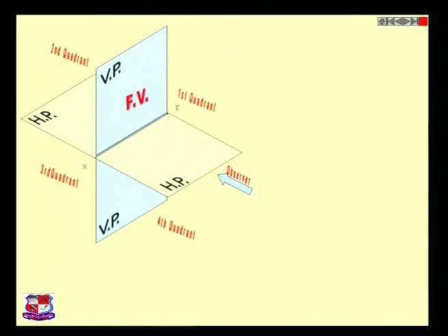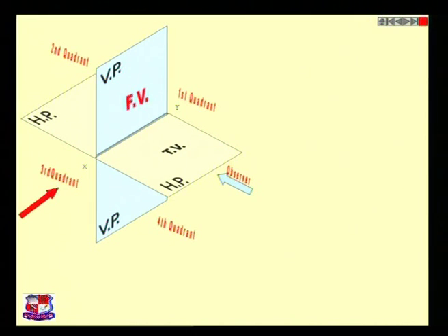Now, what is top view? If I am seeing from this side, it would be my front view. Then if I am seeing from above, like this, it would be my top view. When we talk about side view, we can only see this XY dot.